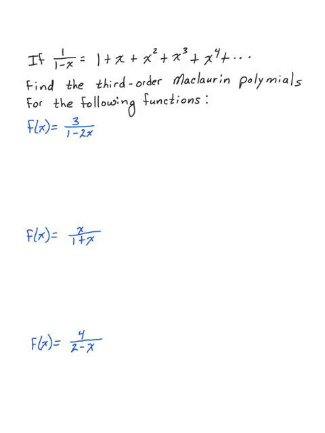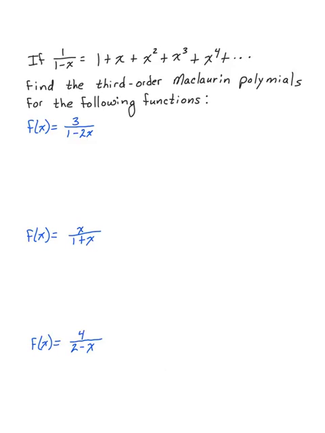All right, so what we're going to do now is use that Taylor polynomial that we just found, and we're going to find Taylor polynomials for some variations of that. All right, starting out with 3 over 1 minus 2x.